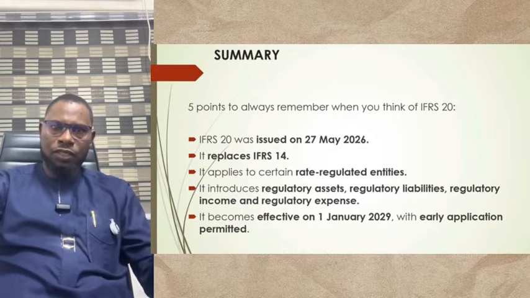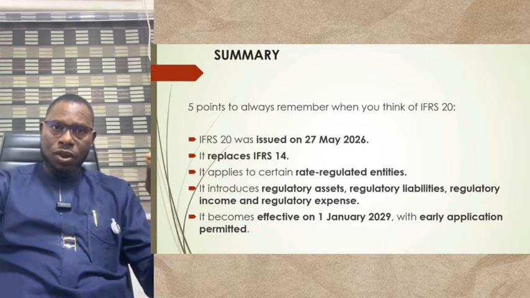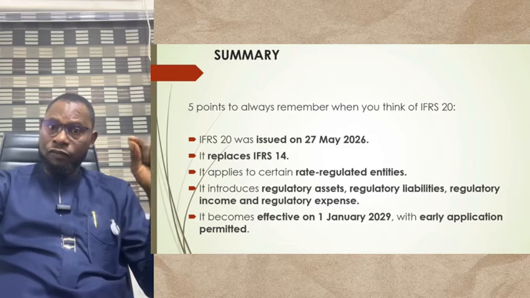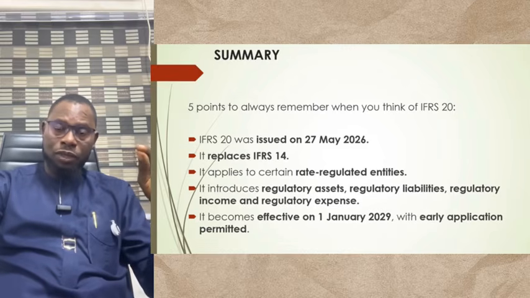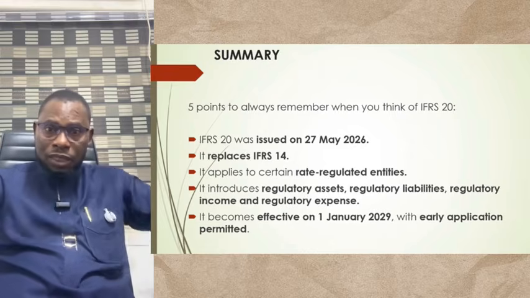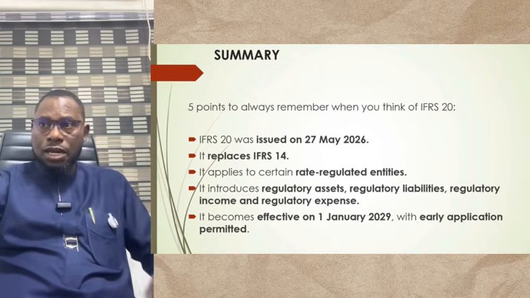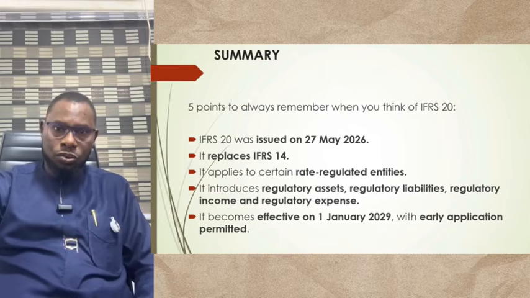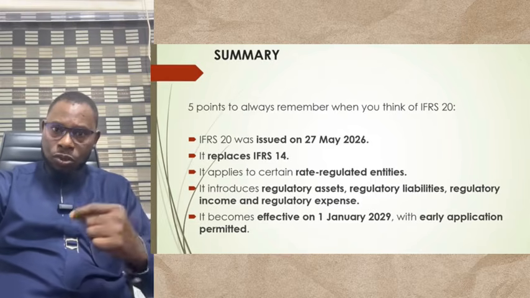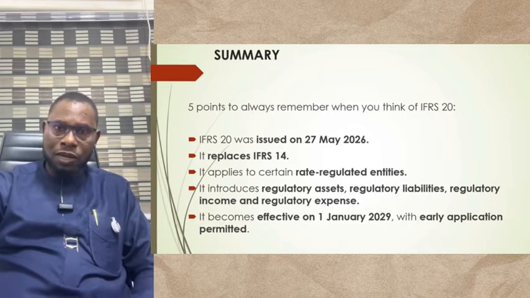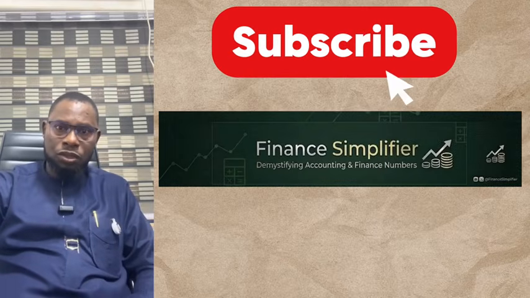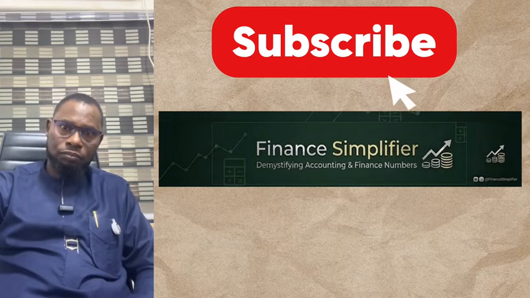So IFRS 20 becomes effective on 1st January 2029, but early application is permitted. So tell me, will you want to adopt it in your company right now, or are you going to wait for 1st January 2029 when it becomes mandatory?